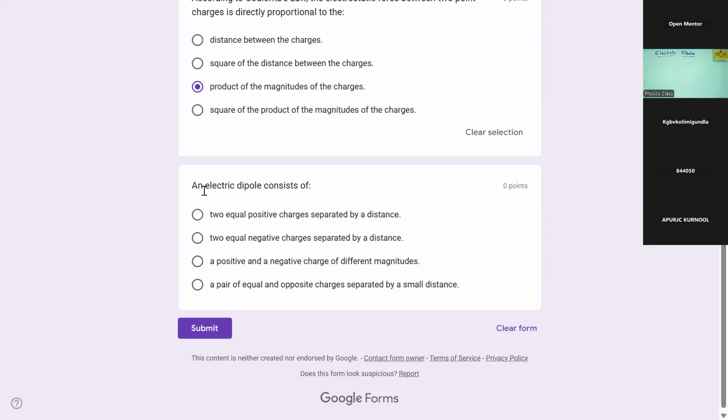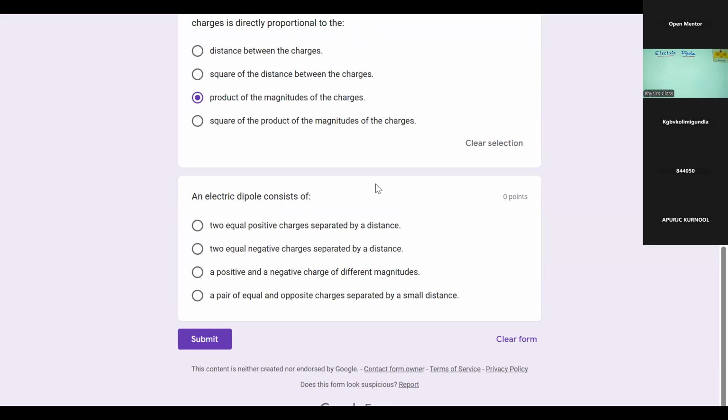Third question. An electric dipole consists of... What do you mean by electric dipole? You are already familiar with that term: Coulomb's law, point charges, electric dipole.